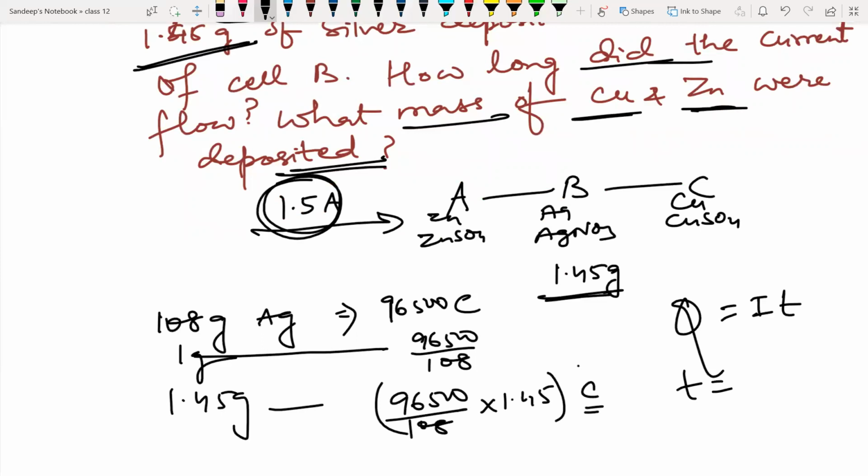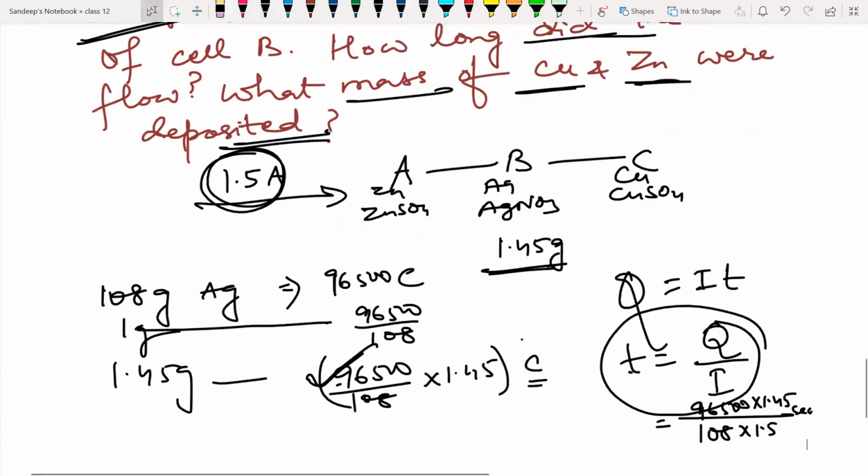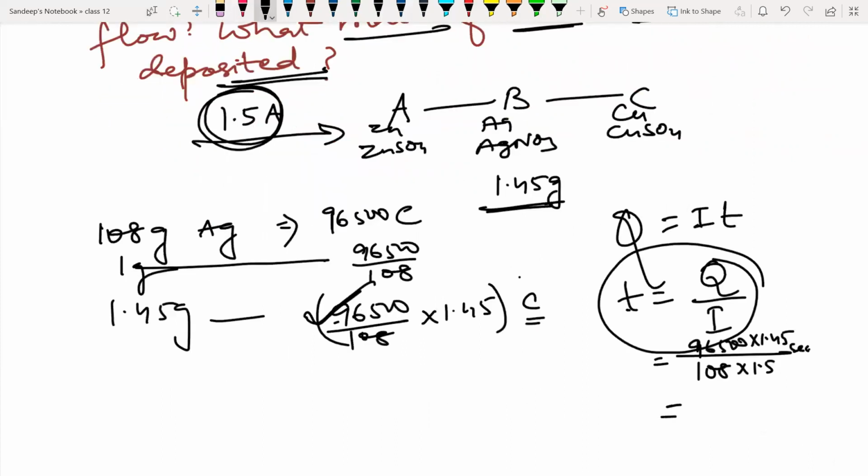So T is equal to Q by I. So you have to put Q, and I is 1.5. So 96500 into 1.45 upon 108 into 1.5. This will be in seconds. If you divide by 60, then this will be in minutes. So 96500 into 1.45 upon 108 into 1.5 into 60.